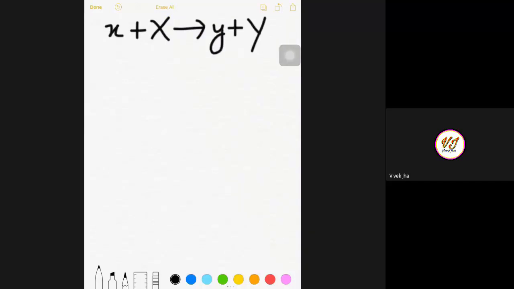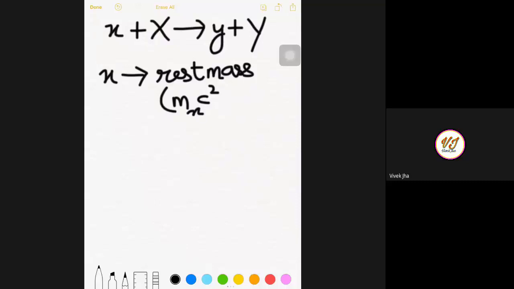Now the projectile x has rest mass energy given by m small x into c square, and this particle has a kinetic energy denoted by E small x.